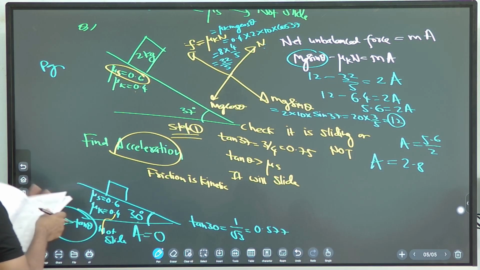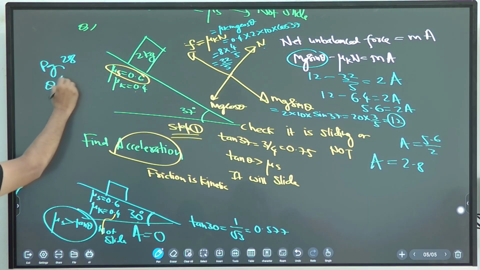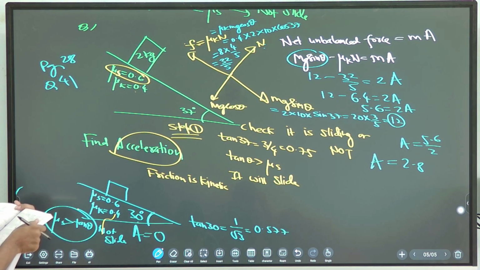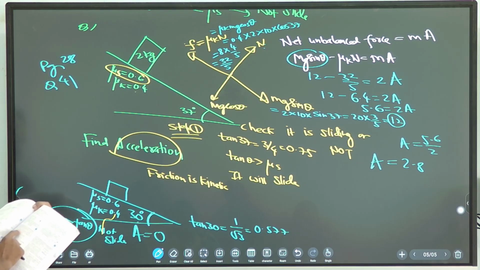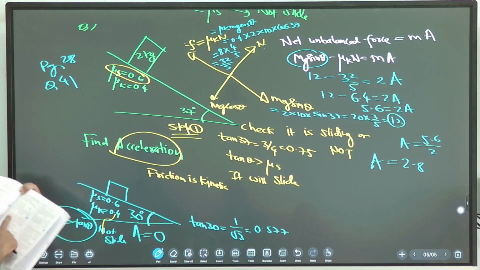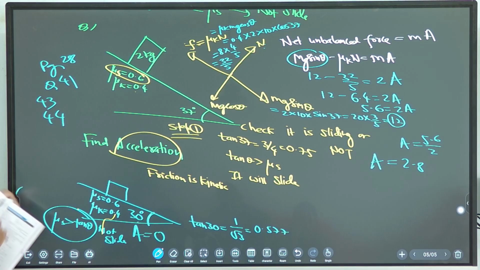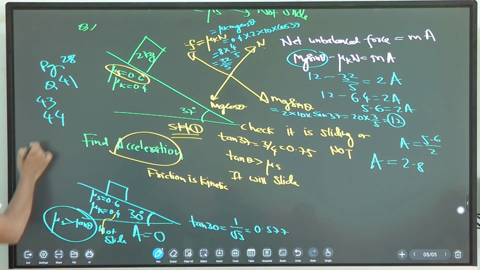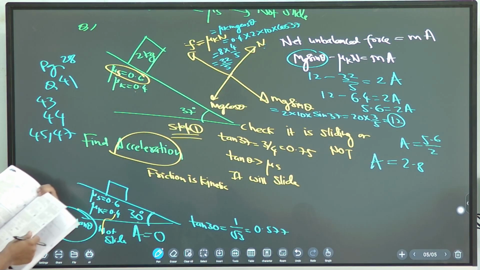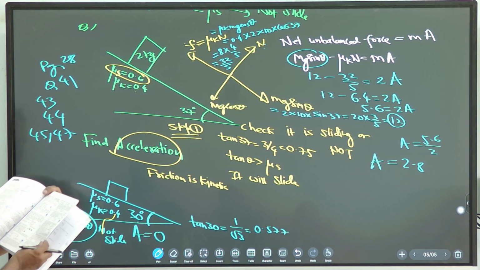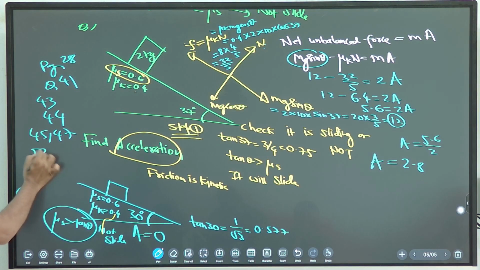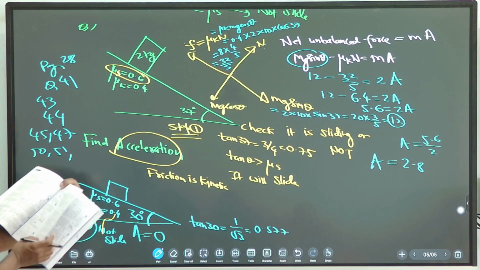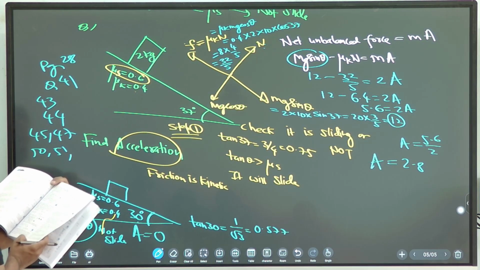Page 28, questions 41, 43, 44, 45, 47. So you can start solving 50, 51, 52, 53.